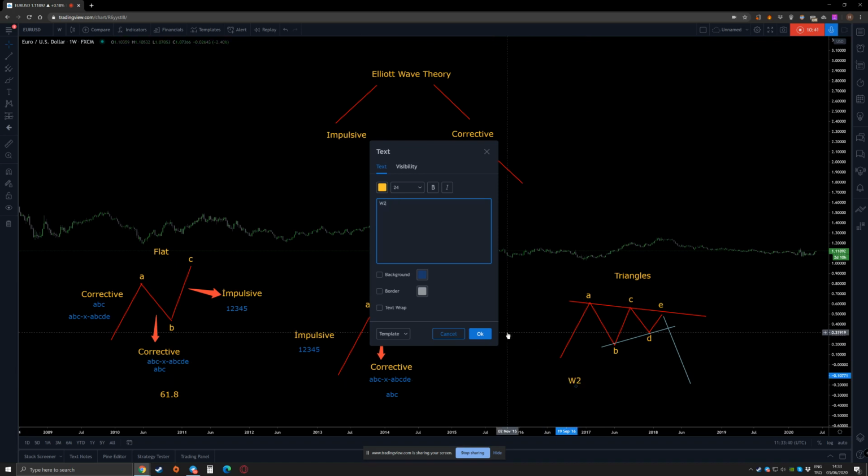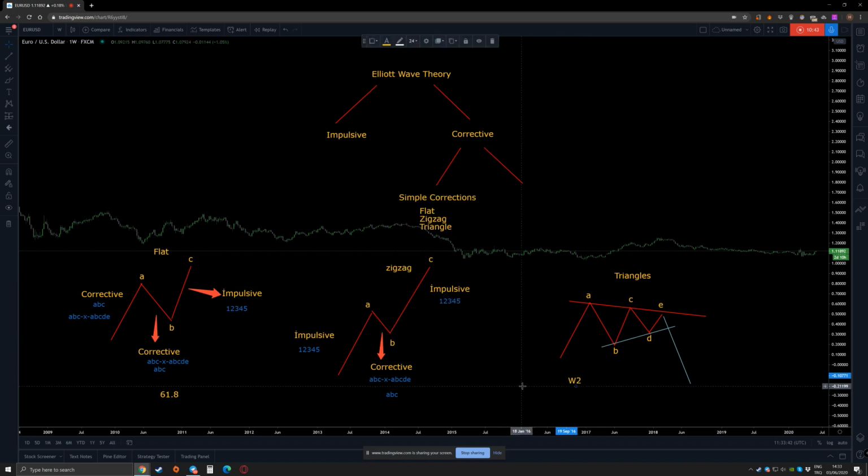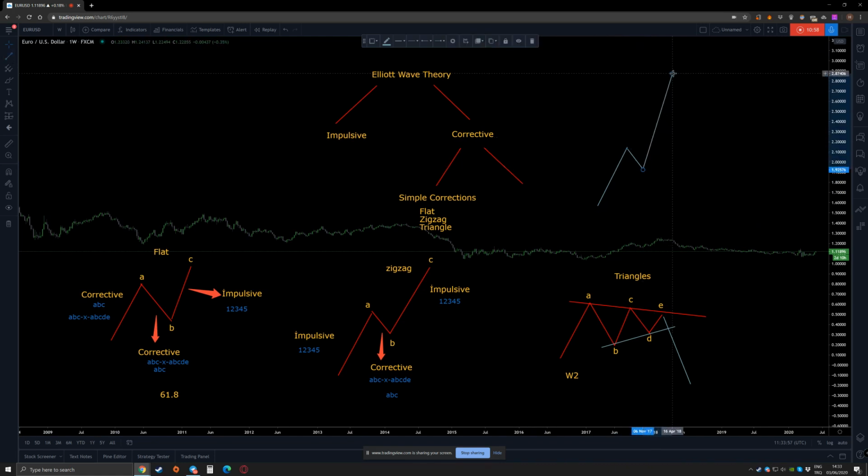But look, in a wave 2 of an impulsive move, we cannot have a triangle, which is very important. By itself, for example, you have 1, 2, 3, 4, and 5. Yes?